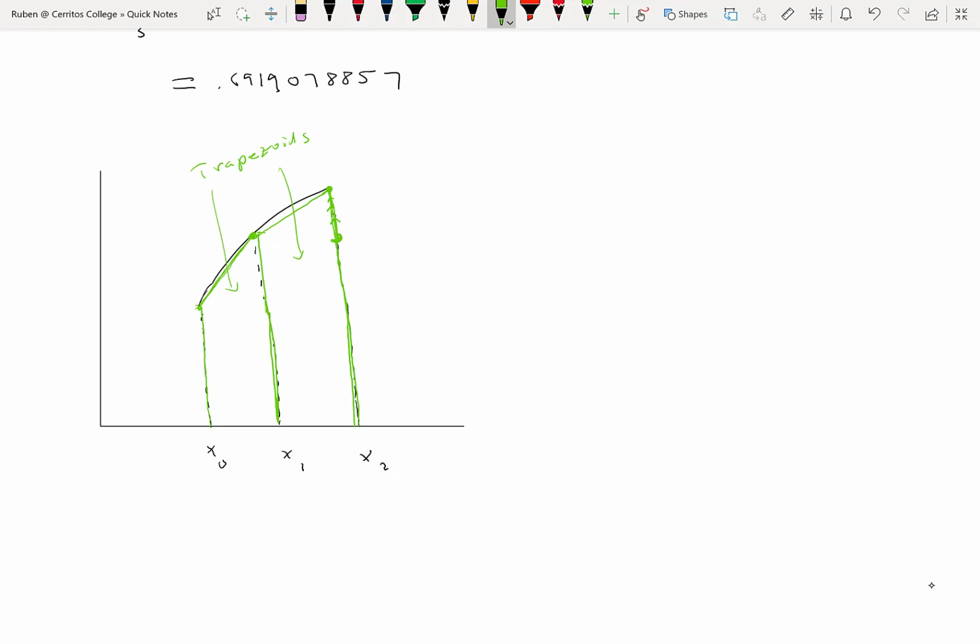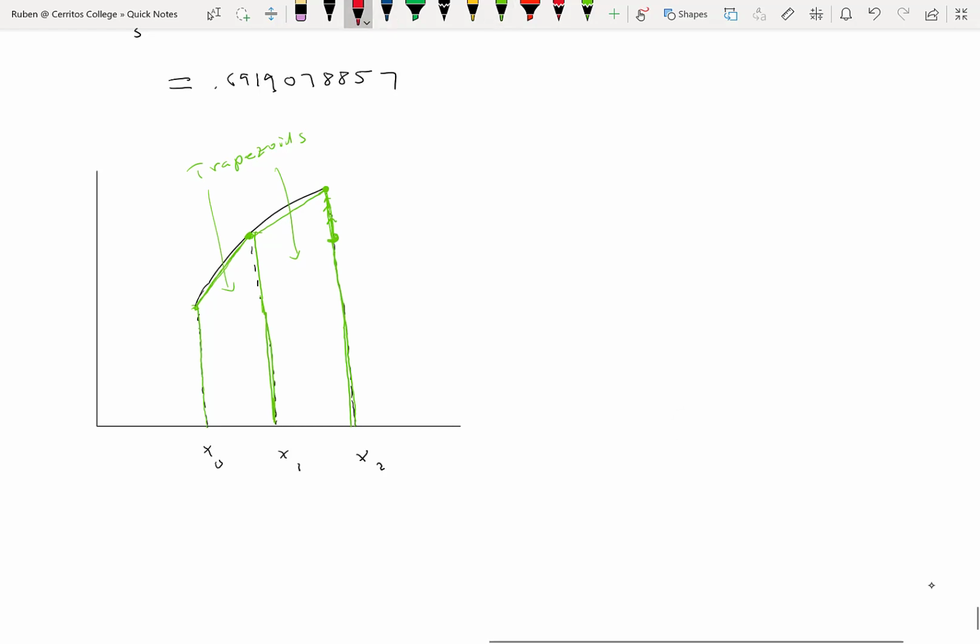Okay, so in order to derive the trapezoid rule, which is very simple to derive, what we need is the formula for a trapezoid from geometry. Here, off to the side in red, is the area of a trapezoid from geometry. I'm going to draw the two sides opposite each other that are parallel. A trapezoid is a four-sided figure where one pair of opposite sides are parallel.